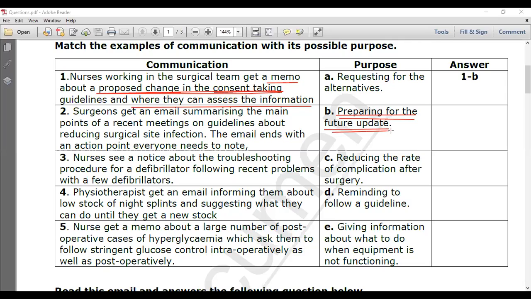Now what I want you to do is, for question number 2 to 5, I want you to select A, C, D or E, which one is the appropriate option.